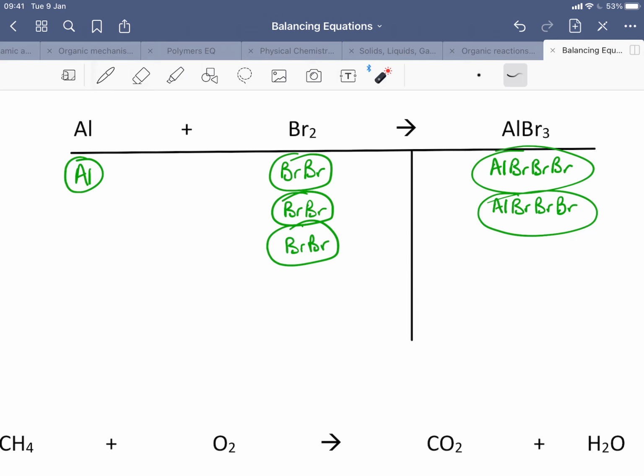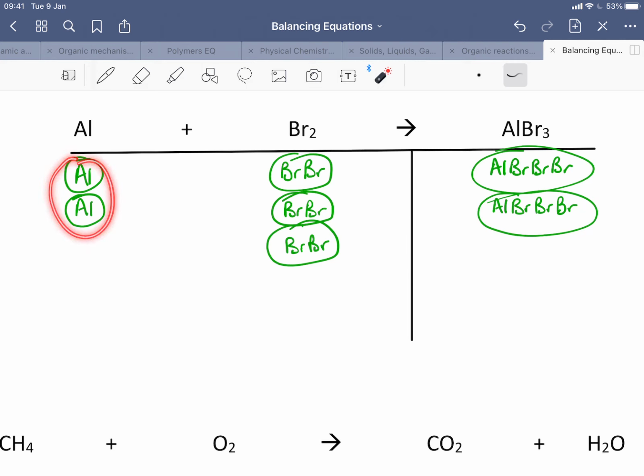Let's check our aluminiums again. I have 1 on the left, but I have 2 on the right. So I'm going to have to add another aluminium. There we go. And now let's just check that. So I've got 2 aluminiums, 2 aluminiums. That's great. I've got 6 bromines, 6 bromines. That's great. And now I count up my bubbles.